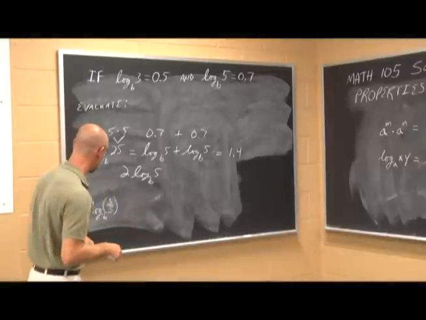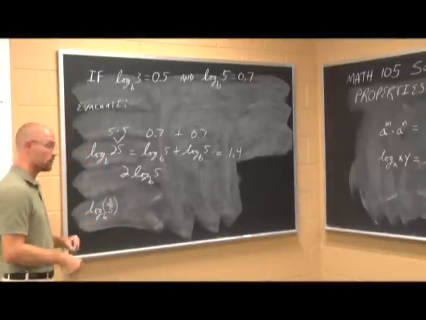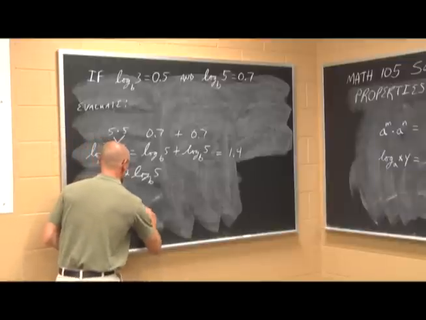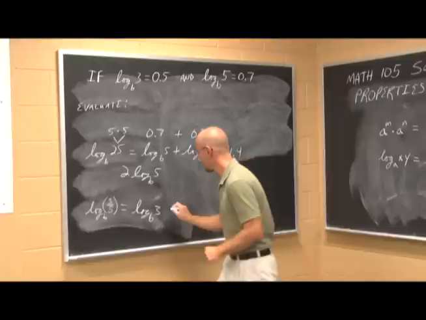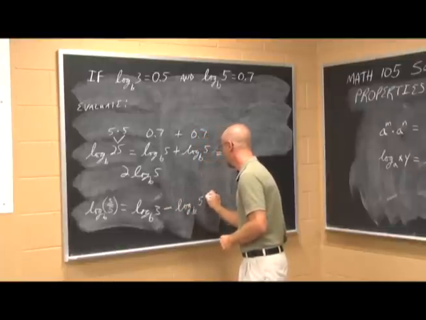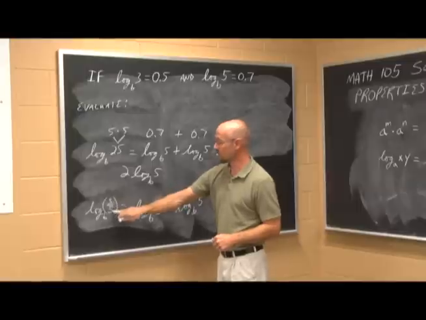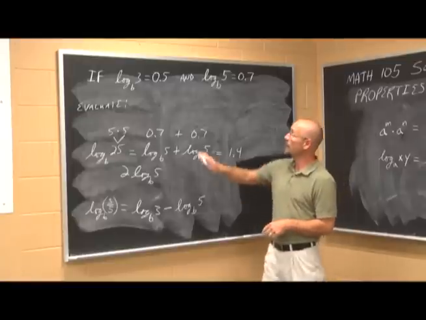Now, if I look at this one here, I see division there, I can use the quotient rule. Log base b of 3 minus log base b of 5. 3 over 5, use the difference rule for this logarithm. And now we can assess.